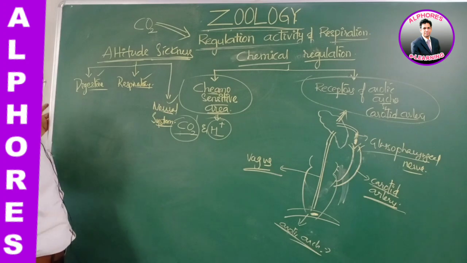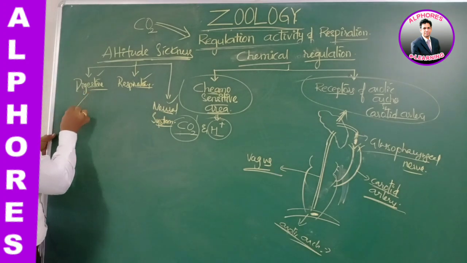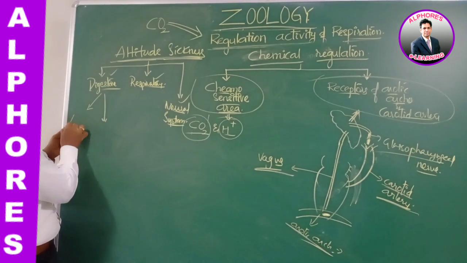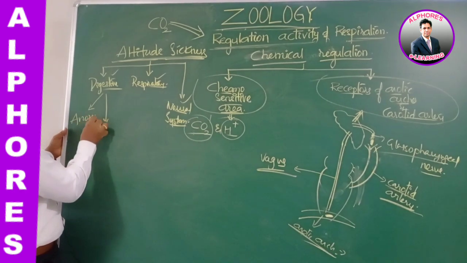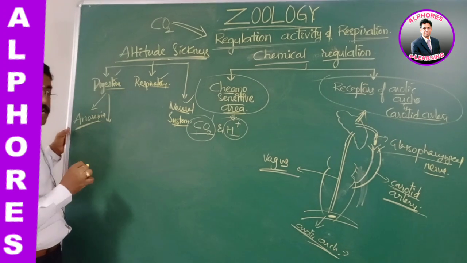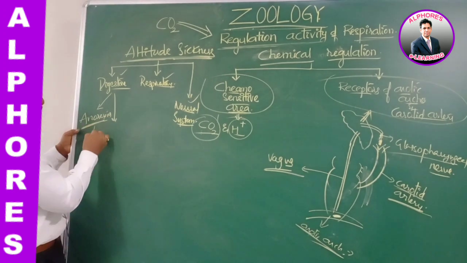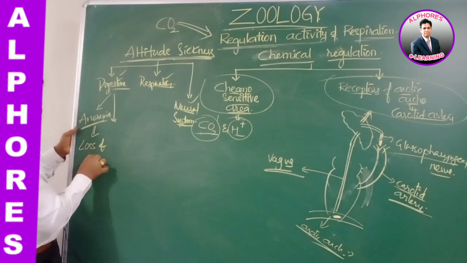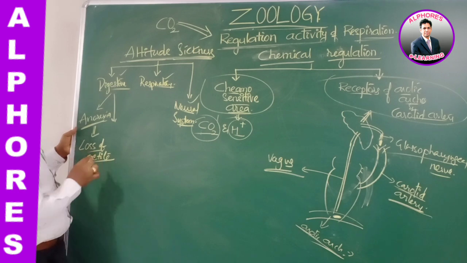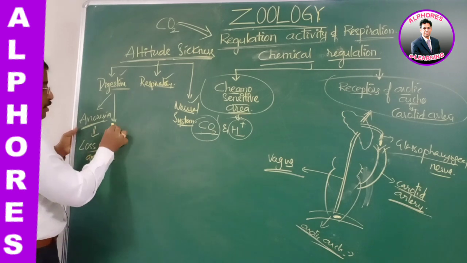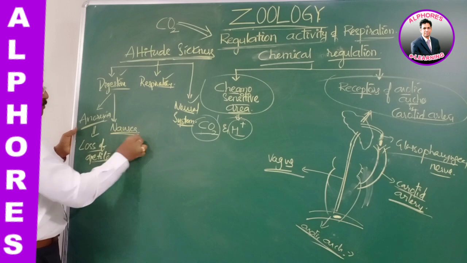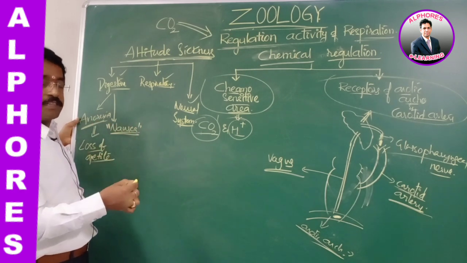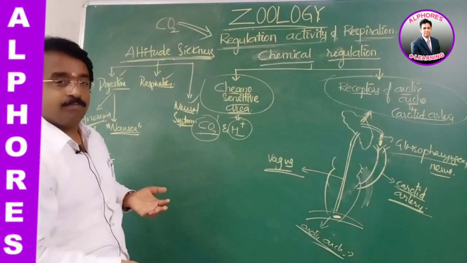One is the digestive system, where there are defects named anorexia, in the sense of loss of appetite. Next, nausea, a feeling of sickness as well as a feeling of vomiting.